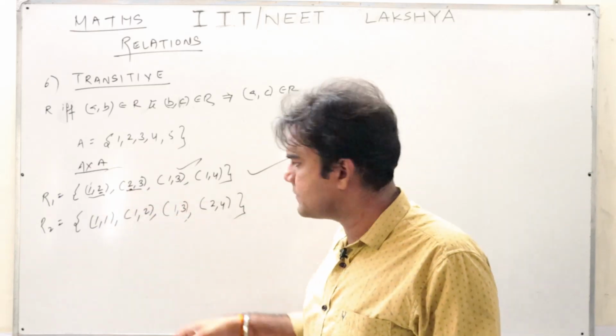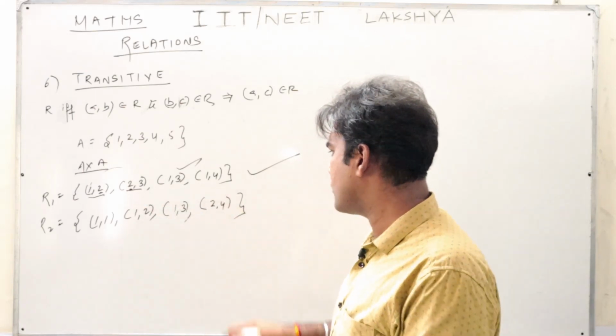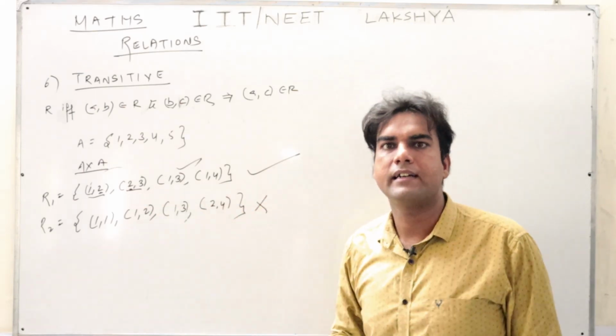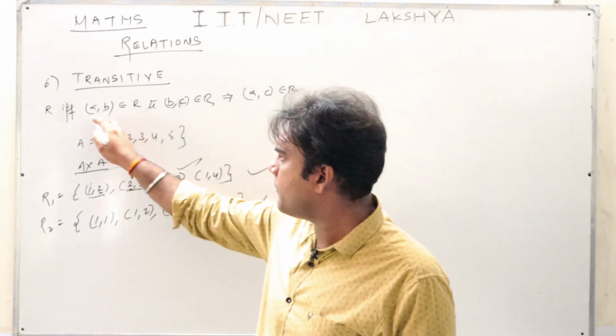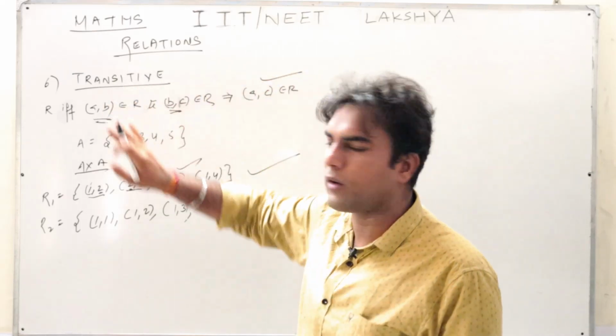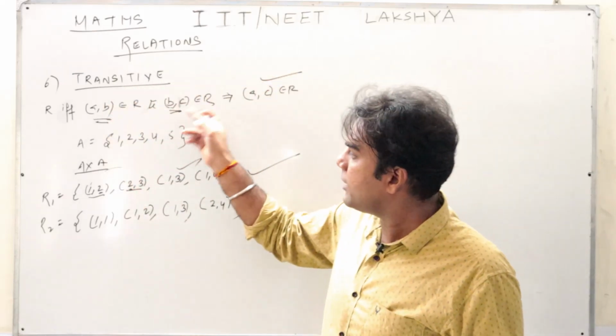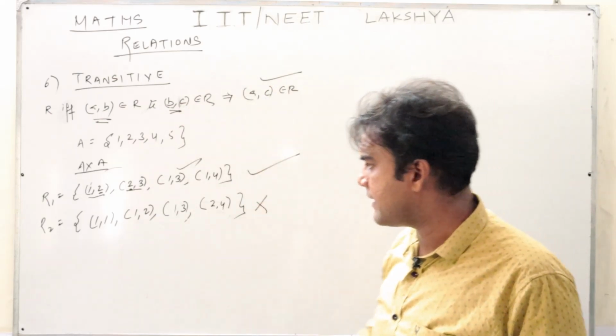It is there. 1, 2 is there, 2, 4 is there, but where is 1, 4? 1, 4 is not there. So this is not transitive. I hope it is clear to you. If AB is there, BC is there, then AC should be there. If the first two are not there, not a problem, then it is transitive. I am saying if they are there and this is not there, then it will not be transitive.